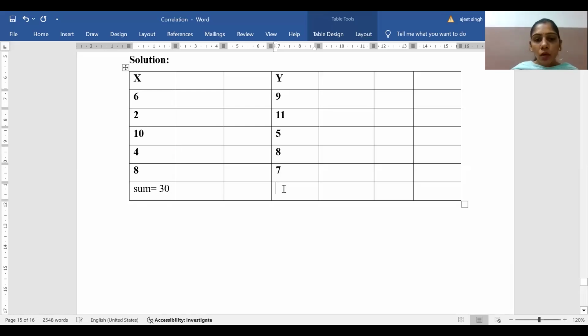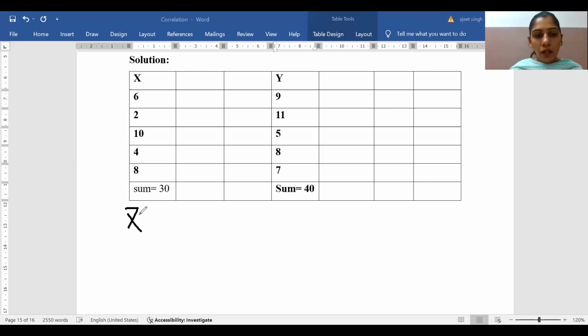Now, sum of series y is 9 plus 11 plus 5 plus 8 plus 7, so the sum is 40. Now we have to calculate the mean.